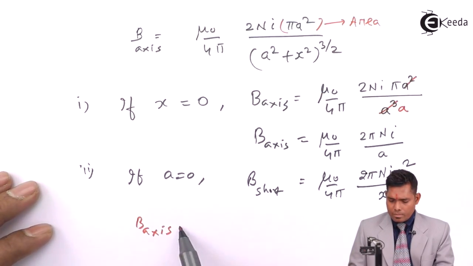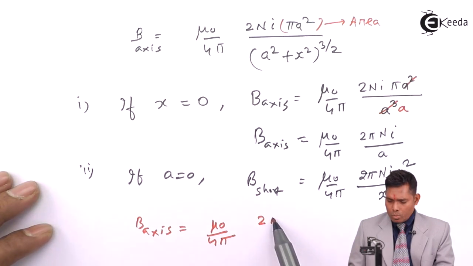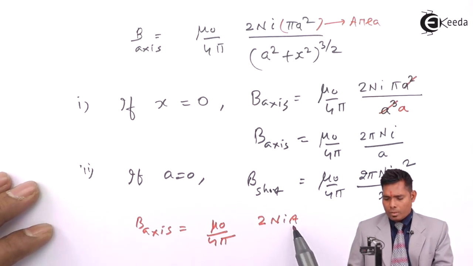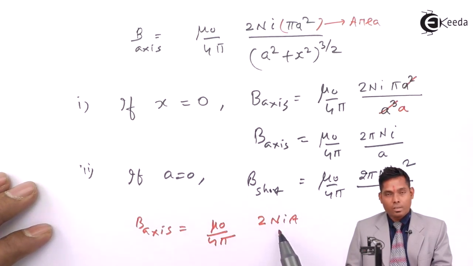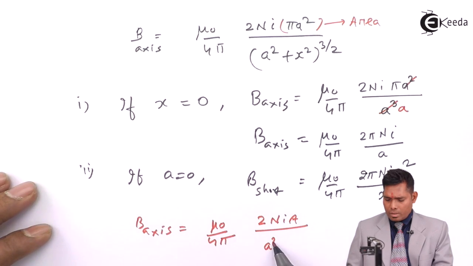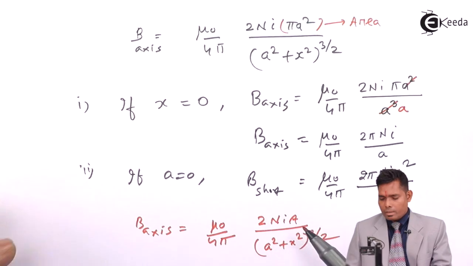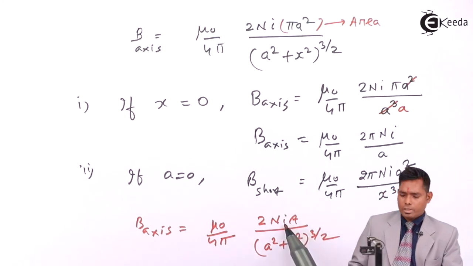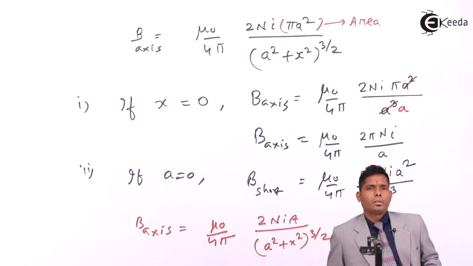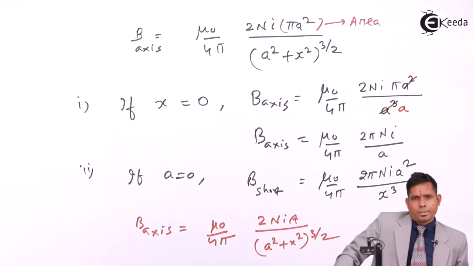On the axis, mu 0 upon 4 pi is always there, then 2 NIA, divided by the distance: a square plus x square to the power 3 by 2, where A is the area. 2 NIA. We will later learn in magnetic induction that NIA is the dipole moment.